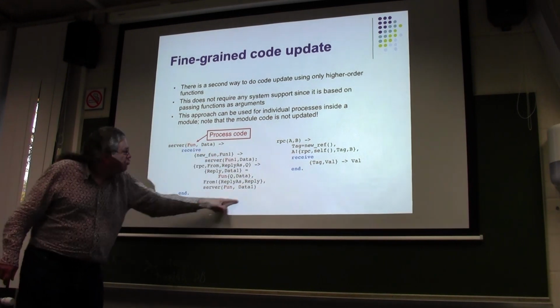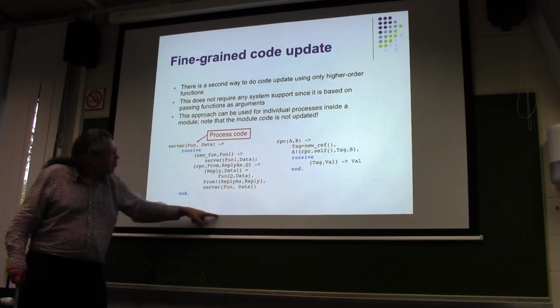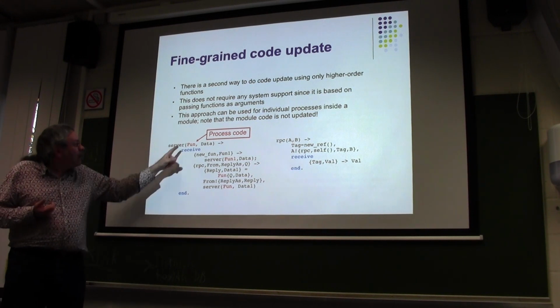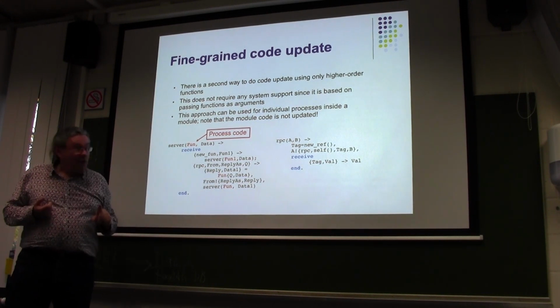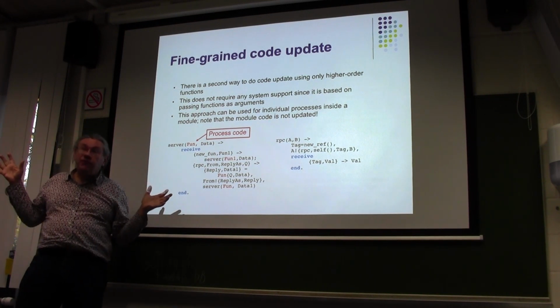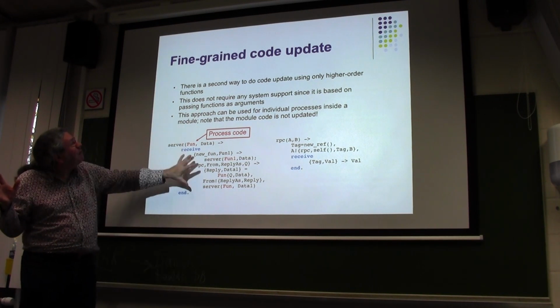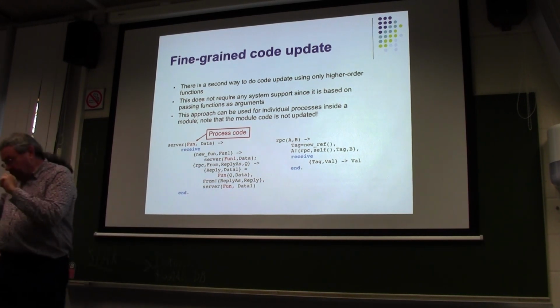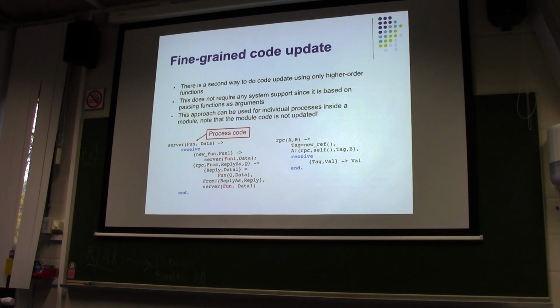If I want to replace this server by something else, I can't, okay? All I can do is change the function. Whereas in the previous approach, I can change the whole structure of the system, okay? So this is a kind of a fine-grained update. So I mention it so that you can see that there's two separate things, okay?